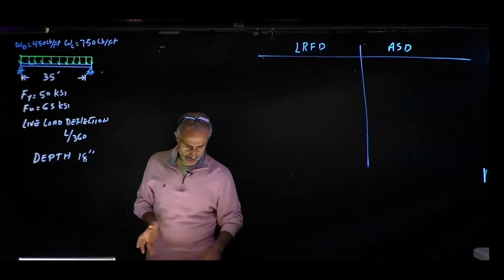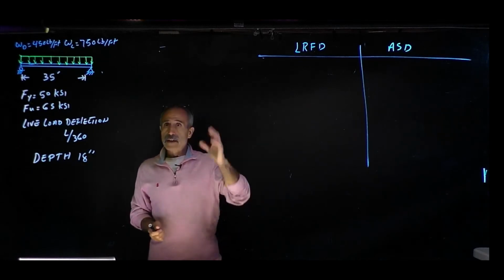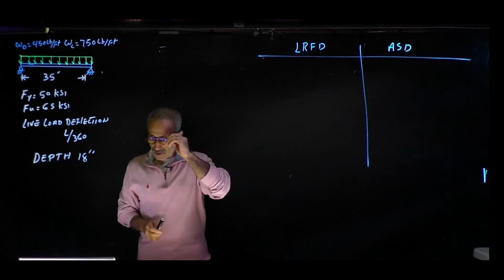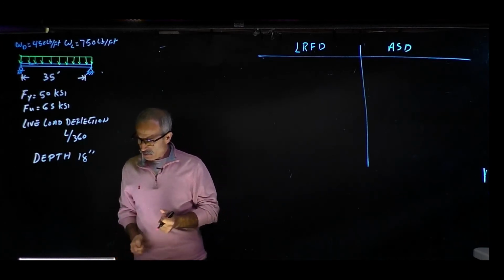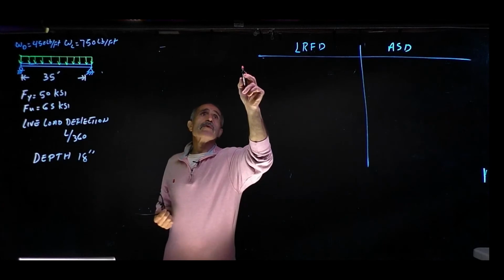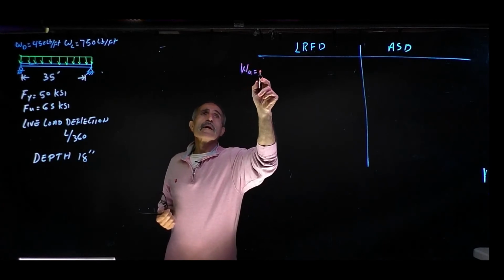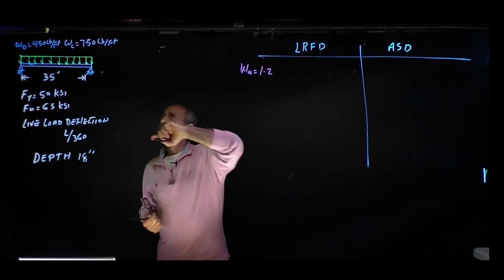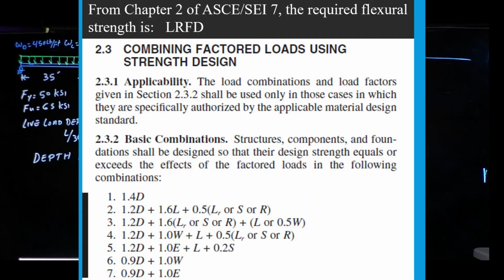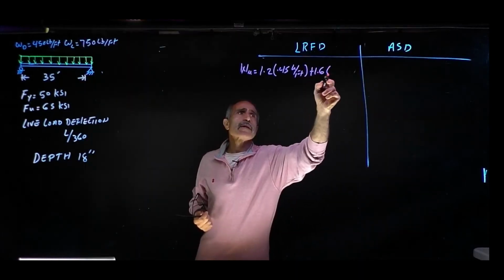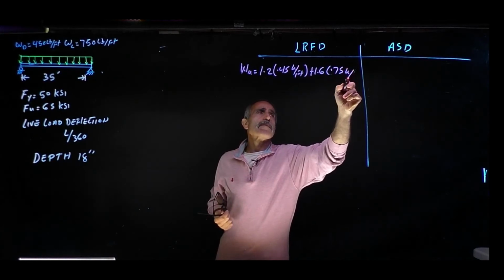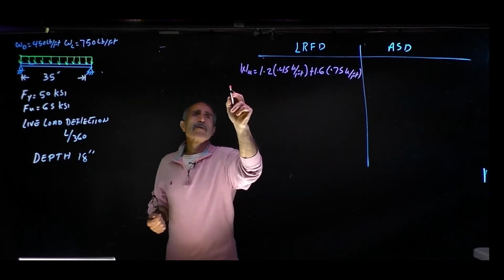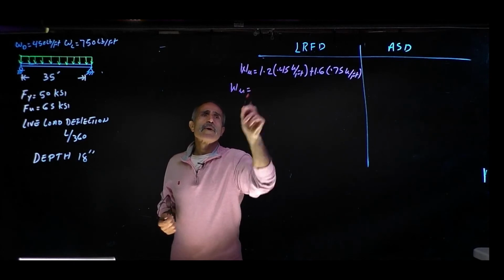First thing we're going to do, we're going to go ahead and calculate the load. And that's based on, we've seen this before, AISC chapter 2. So I'm going to have Wu equal to 1.2 times 0.45 kip per foot, plus 1.6 times 0.75, which comes out to 1.74 kip per foot.